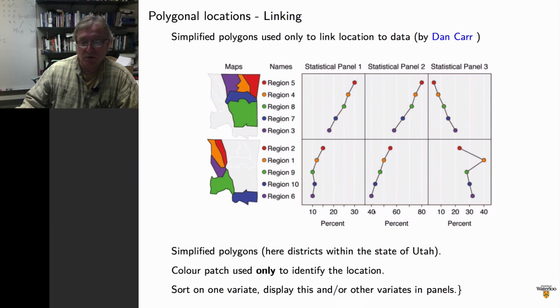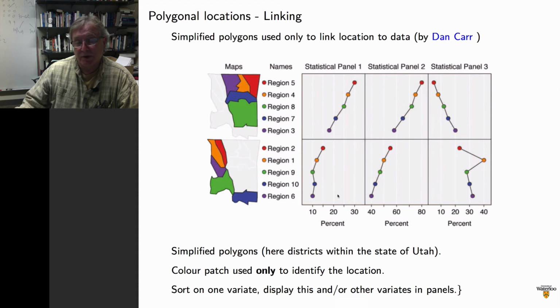In this case, it looks like it's ordered by the statistical panel 2, from the smallest to the largest, broken into 2 pieces, those that are in the top half and the bottom half of this particular value, so that we can see, imagine moving through these colors of the rainbow here, red, orange, green, blue, violet, are those associated with any sort of spatial representation. Also, you can have other variables here.